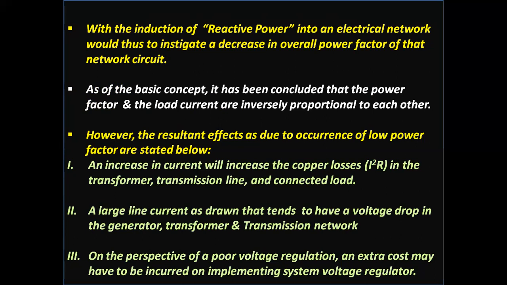Number two, a large line current drawn tends to cause a voltage drop in the generator, transformer, and transmission network. Number three, on account of poor voltage regulation, an extra cost may have to be incurred on implementing a system voltage regulator.